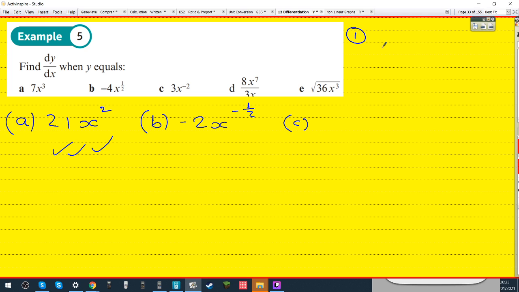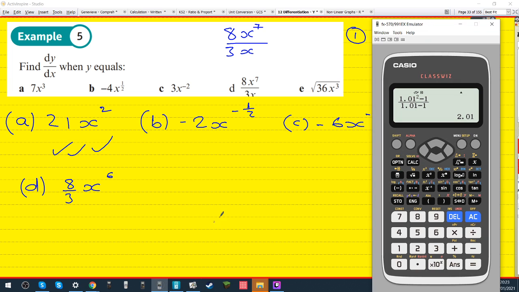Minus 6x to the power of minus 3. Mm-hmm. So would you do 8 divided by 3 as well? Yeah, I'd do the x's first. So it'd be 6 x to the power of 6. And then can you do 8 divided by 3?